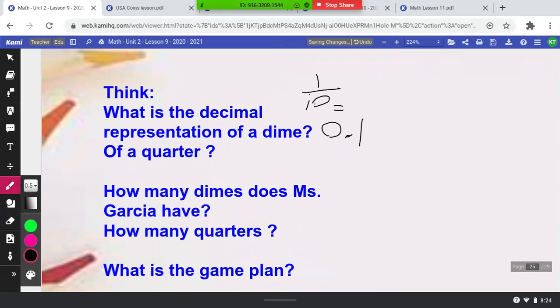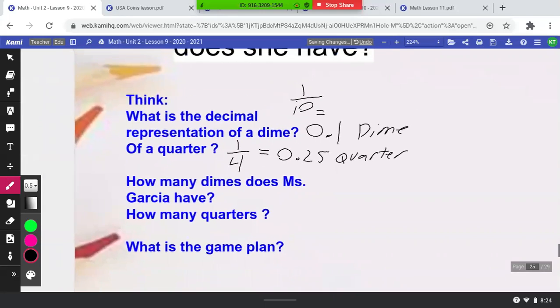For a quarter, you need 4 to make $1. So if you have one, you have 1/4. This is a quarter. 25 cents, 10 cents is a dime. All right. How many dimes does Miss Garcia have?